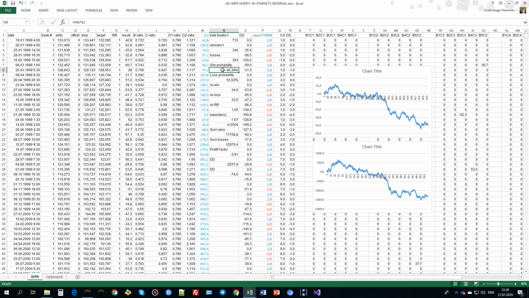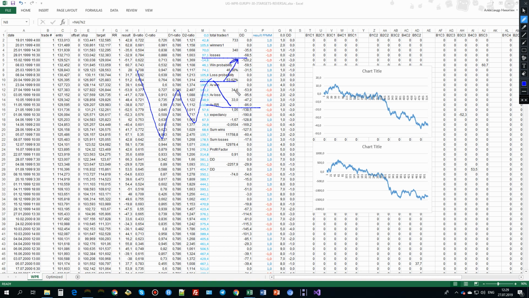So 46% probability of hitting a loss. I mean, it is 46% probability of continuation. So here's the pattern. If you place 1-to-1 stop loss to take profit, you have 46% probability to move here versus 53% probability to move here.